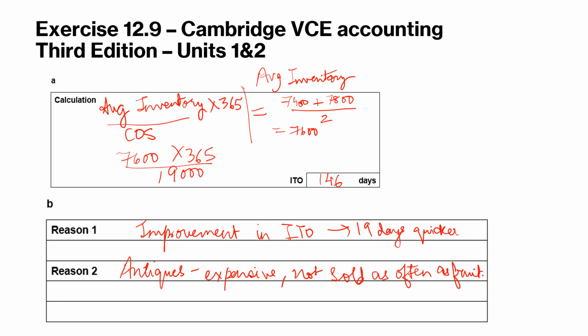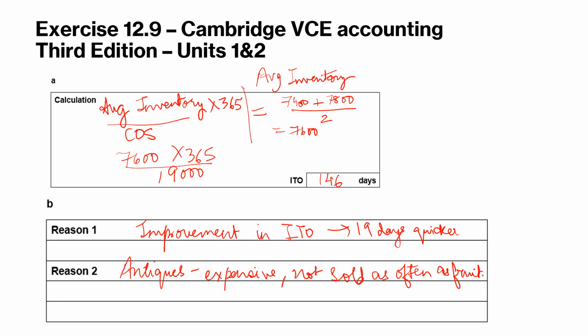The formula for inventory turnover is average inventory times 365 divided by the cost of sales. Cost of sales is given to us, so we are able to easily calculate the inventory turnover, which is 146 days.